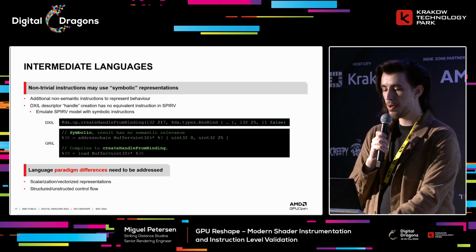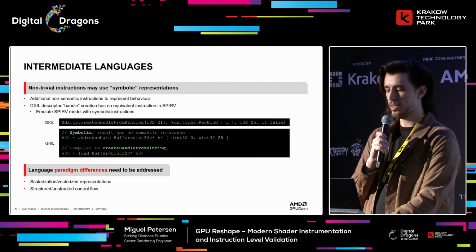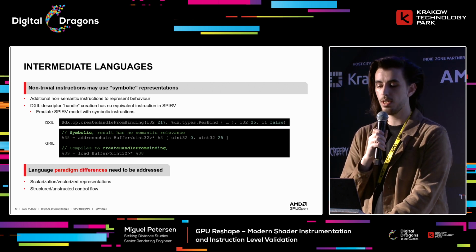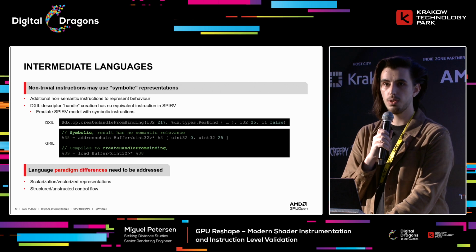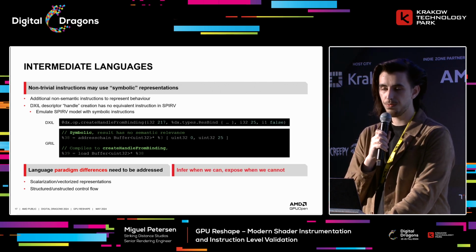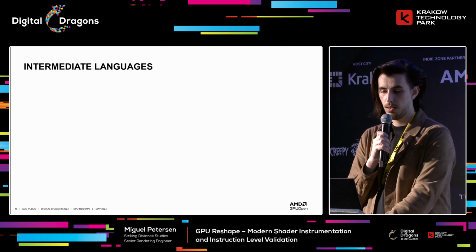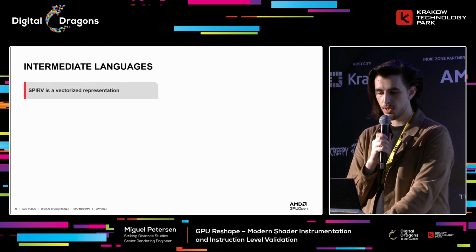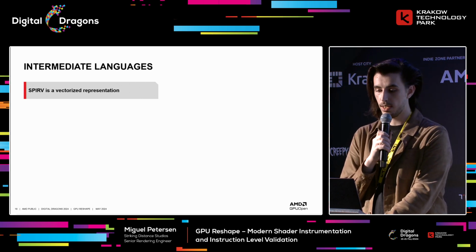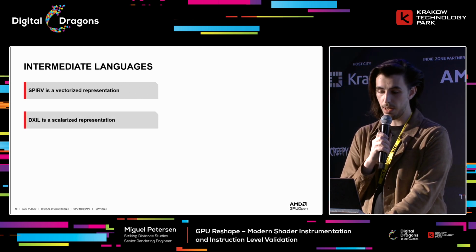But language paradigm differences are another story entirely, and two in particular. We have what's known as scalarized versus vectorized representations, and structured and unstructured control flow. What GRIL does here is that it infers when it can and exposes when it cannot. So, the first paradigm difference: SPIR-V is a fully vectorized form, whereas DXIL is a fully scalarized form.